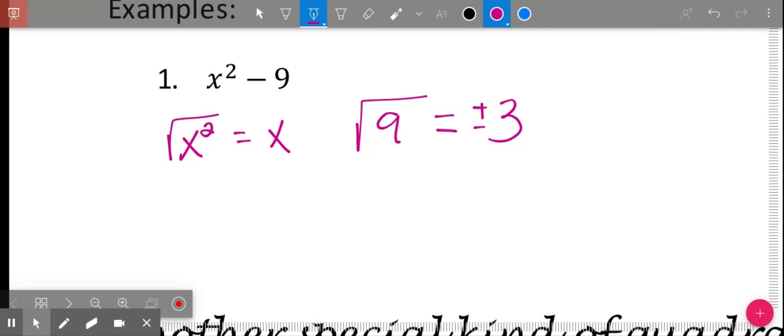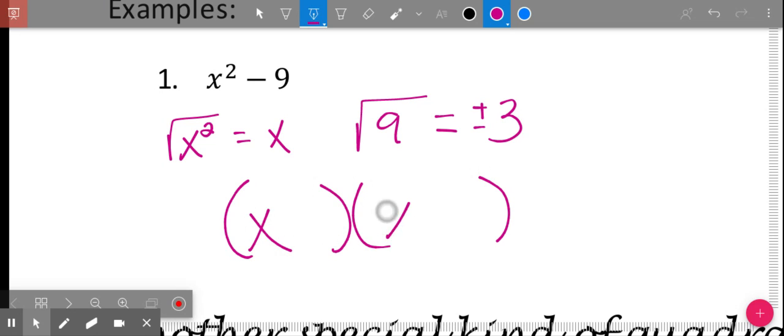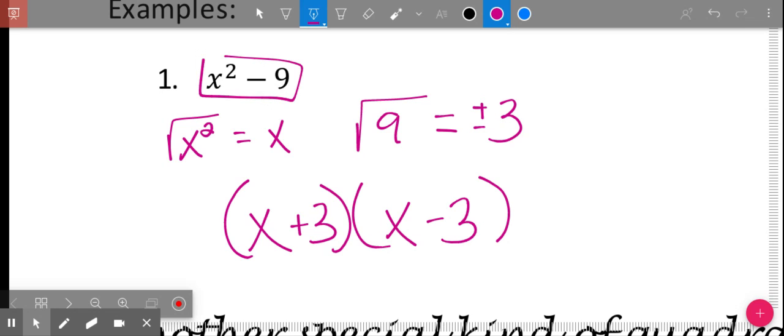So then we just have to fill in our parentheses. So we'll have x and x. We have our plus 3 and that negative 3. So we're going to bring both of those down. We'll have plus 3 and minus 3. Oops, not 7, 3. Okay. So really, find those two pieces, plug them in. Now this only works if you have two perfect squares.